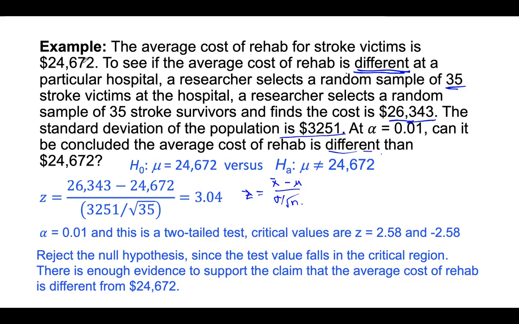We have our X bar, the average cost of rehab for stroke victims, our standard deviation is here, and we have 35 here. We could write it all out, or draw a little sketch.